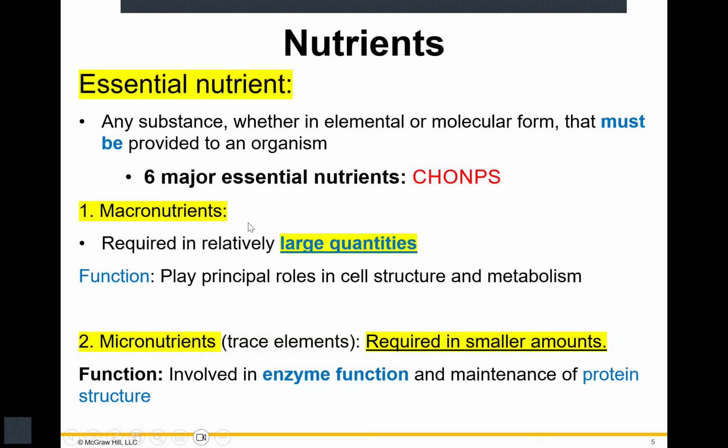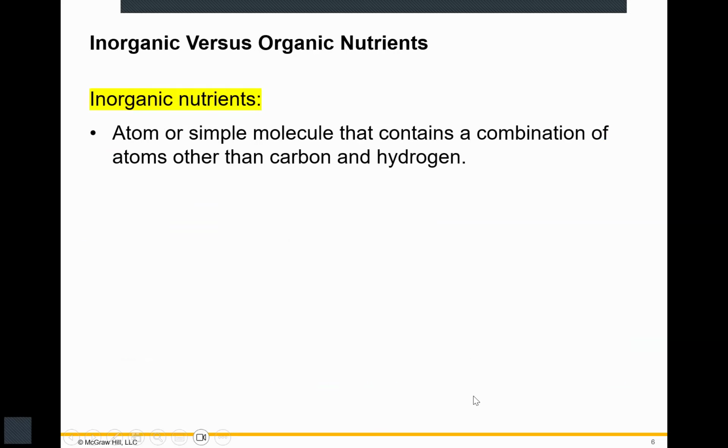So carbon is a macronutrient, hydrogen is a macronutrient, and they play an important role in cell structure and metabolism. Micronutrients, on the other hand, such as manganese, iron, nickel, although needed in smaller quantities, play an important functional role in enzyme activity as well as maintaining protein structure.